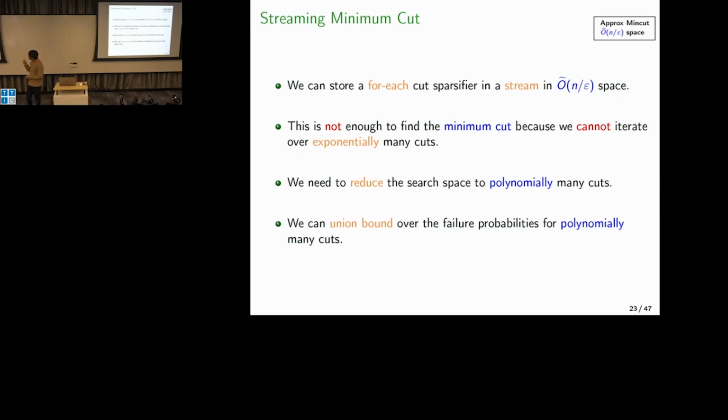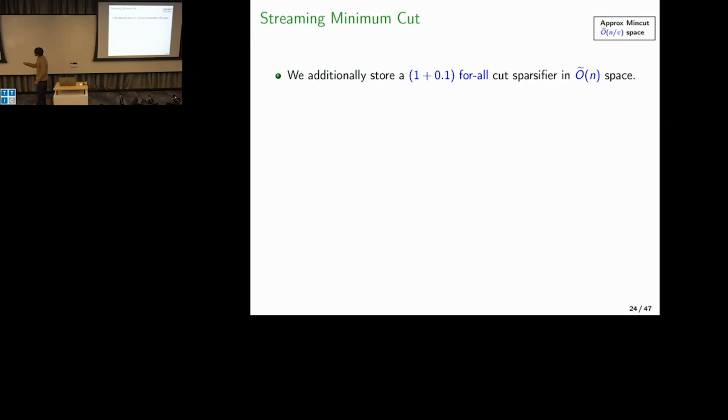And the idea here is that we additionally store a 1 plus 0.1 for-all sparsifier. Right? So this takes O tilde n space because epsilon is constant here. And this is a for-all sparsifier, so it preserves all cuts, but up to this value and not up to the 1 plus epsilon value. And this tells us what all the small cuts are.